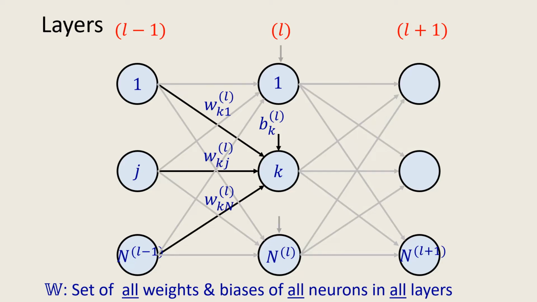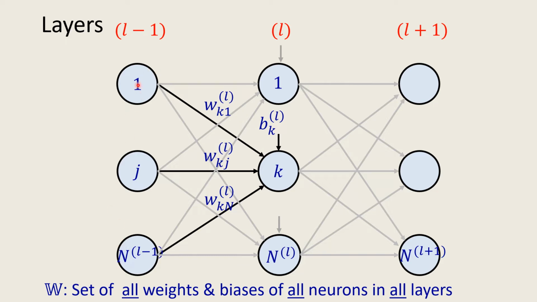So the neural network is a layered structure, and in each layer we have several neurons. Shown here is layer L-1, L, and L plus 1. Each layer drives the next layer, and the total number of neurons in each layer is not necessarily the same.